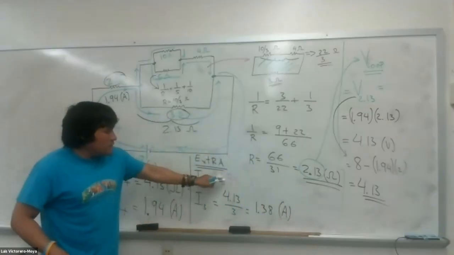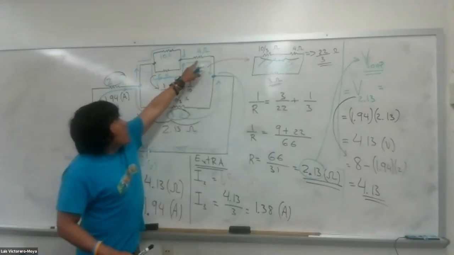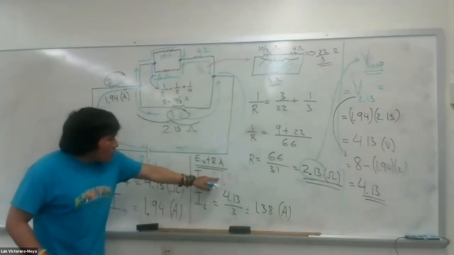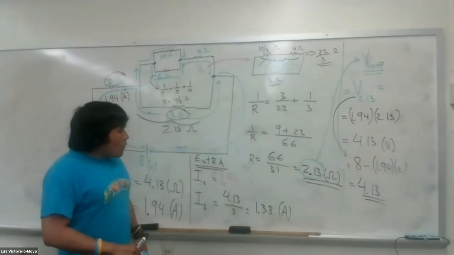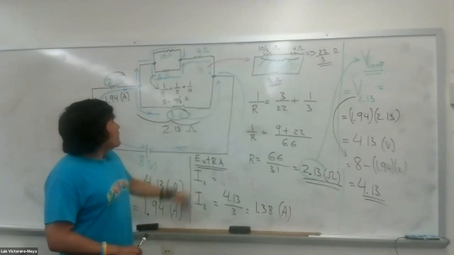Less than this, right? And easy, the current here will be 1.94 minus 1.38, 0.56.